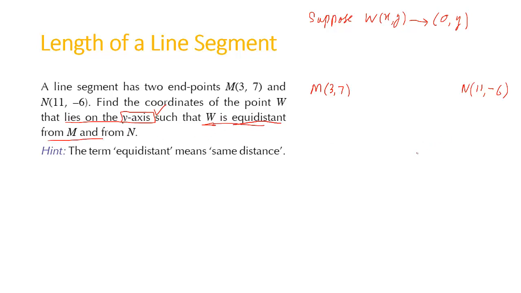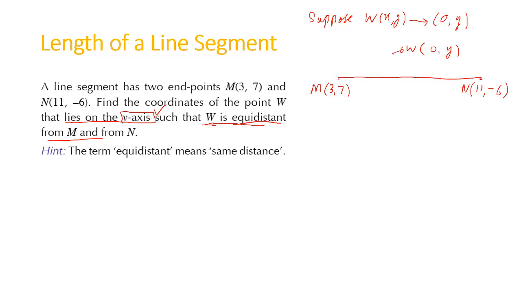Suppose W is over here. This is W, and the coordinate of W is (0, y). And this is the line segment MN.